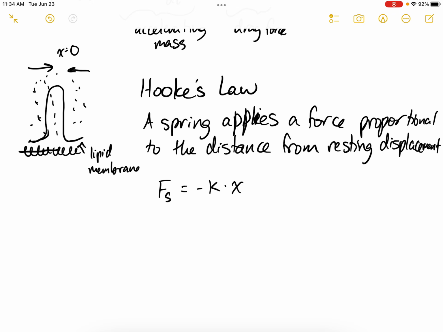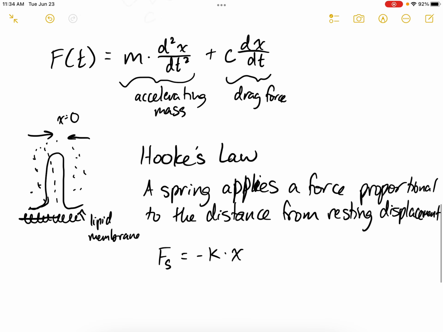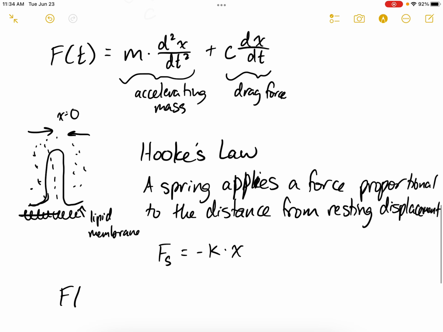And now we apply this force as well to our force equation. So if we recall, here is our equation. We now have f of t is equal to m times a, or d squared x over dt squared, plus c dx over dt, the drag force.